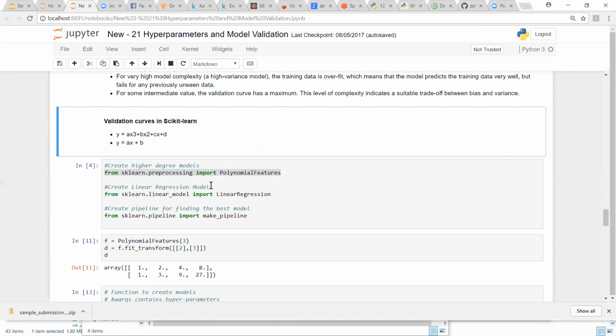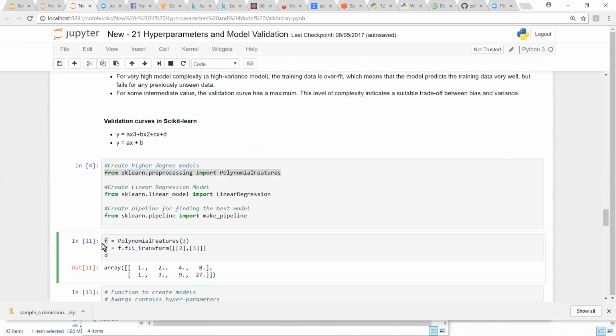So this is a function present inside your scikit-learn library, from sklearn.preprocessing import PolynomialFeatures. Using this, you're creating a transformer, because this is capable of transforming the data.